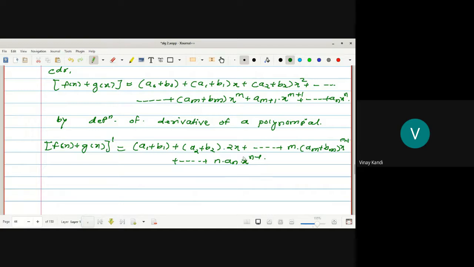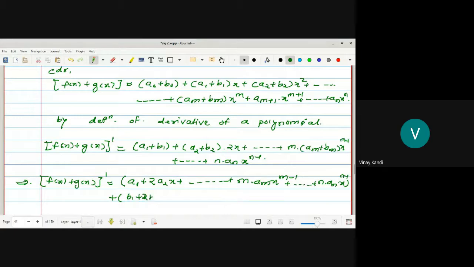So this implies (f(x) plus g(x))' is equal to, taking the coefficients of a1, a2 up to an in one bracket, a1 plus 2a2 x plus up to so on m am x to m minus 1, plus up to so on n into an x to n minus 1, plus b1 plus 2b2 x plus up to so on m into bm into x raised to m minus 1.